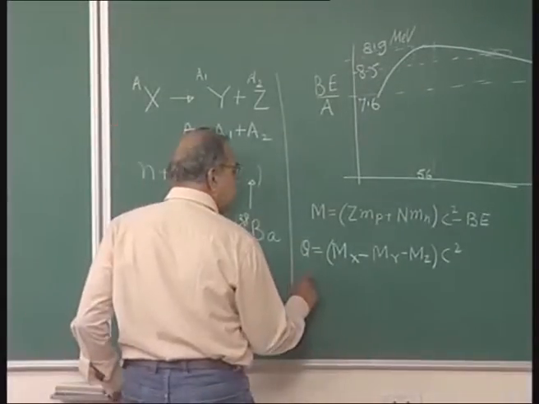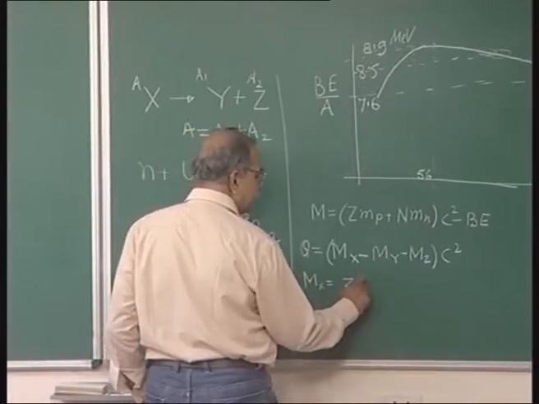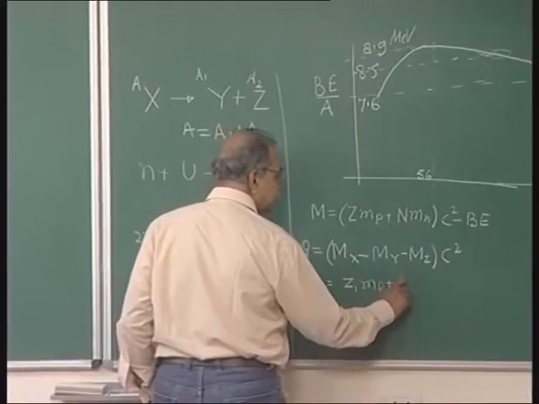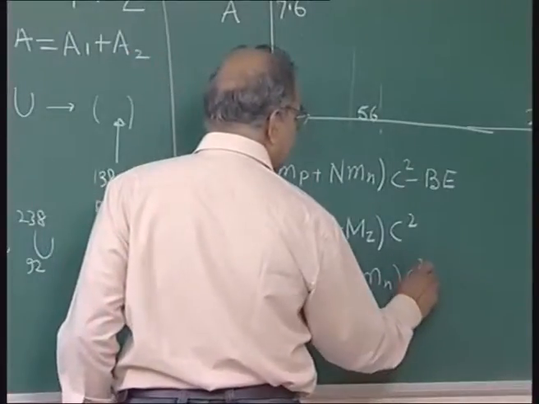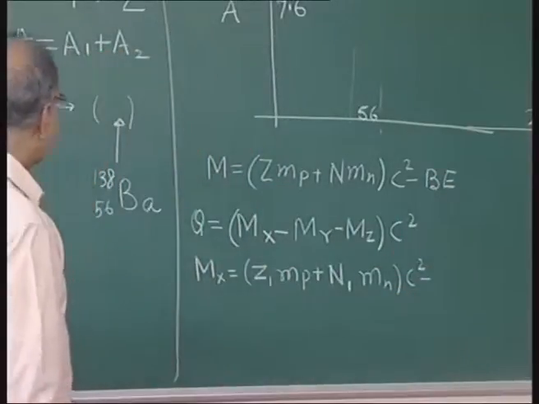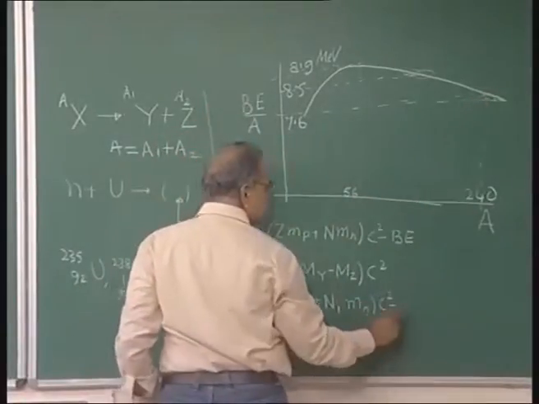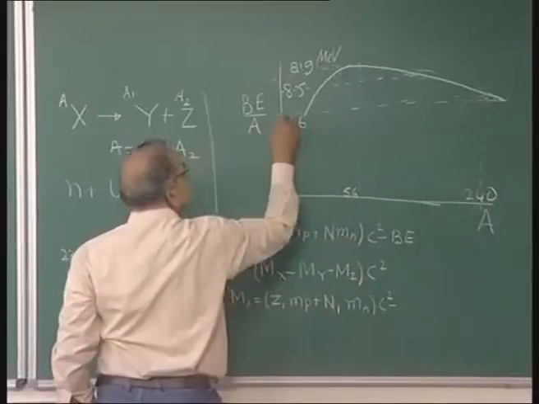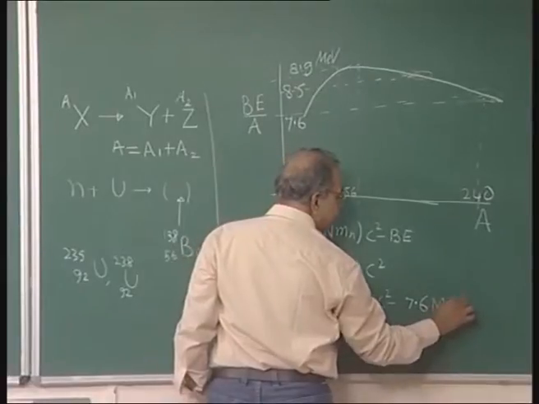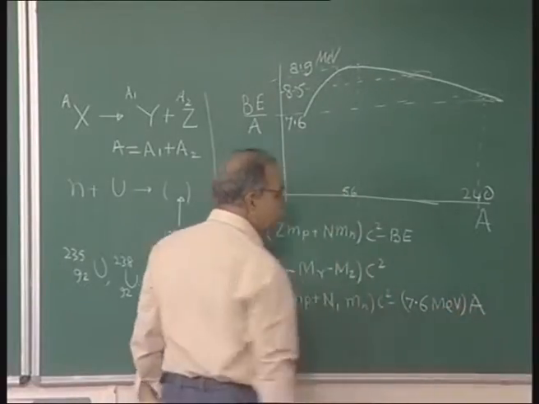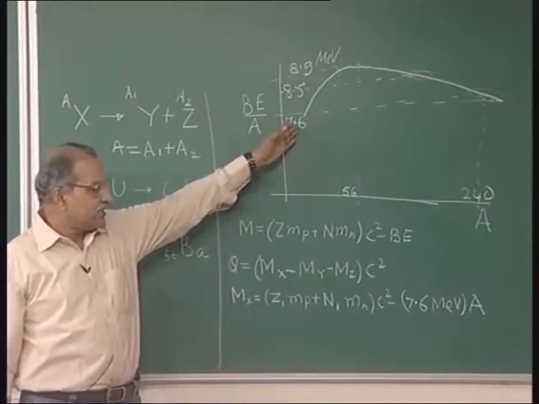So, you can write Mx is Z1 times mass of proton plus N1 times mass of neutrons, then c square, and minus binding energy, the binding energy of this X nucleus with capital A. This is binding energy per nucleon, so if I take this value here, 7.6, it is 7.6 MeV multiplied by A. This binding energy per nucleon is 7.6 MeV, and there are capital A nucleons.